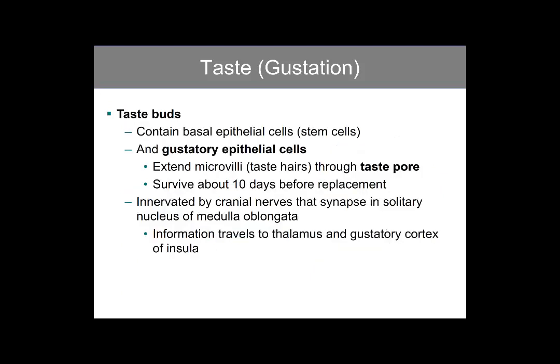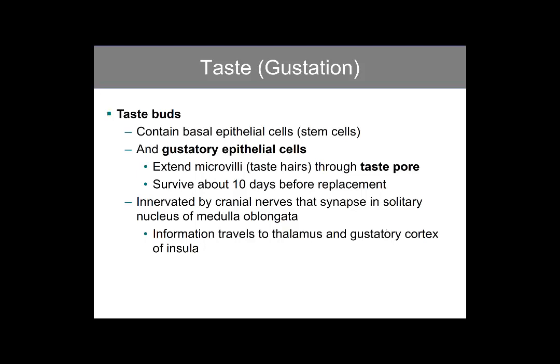Taste buds contain an epithelial stem cell called the basal epithelial cells. In addition, they have the gustatory epithelial cells. These gustatory epithelial cells extend taste hairs. These are small microvilli through a taste pore, and they survive about 10 days before they need to be replaced.